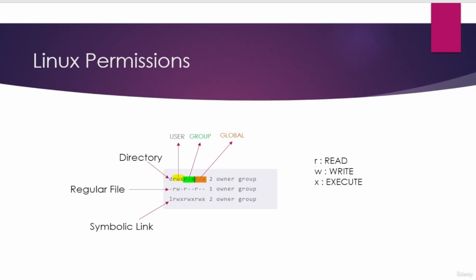It doesn't have the write permission, so it can't write into the file. Let's say it's a text file, so it can't edit the file. It will just read the file and execute the file. After that it will show the owner of the file, who created the file, and the group that can access it.